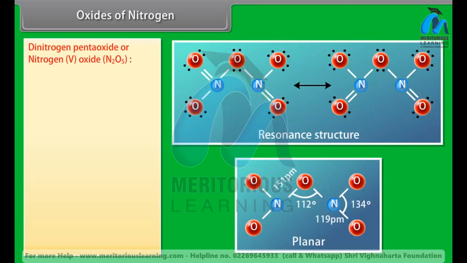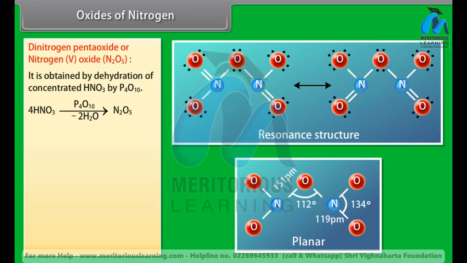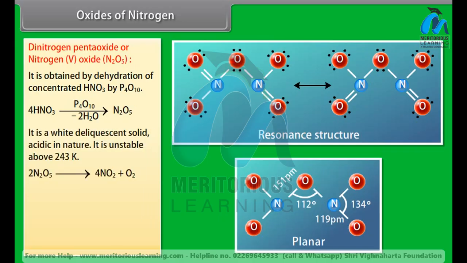Dinitrogen pentoxide or nitrogen(V) oxide. It is obtained by dehydration of concentrated HNO₃ by P4O10. It is a white deliquescent solid, acidic in nature. It is unstable above 243 Kelvin.